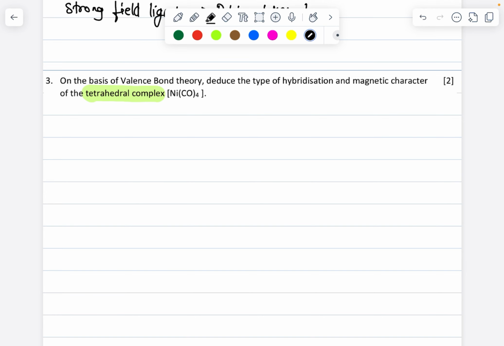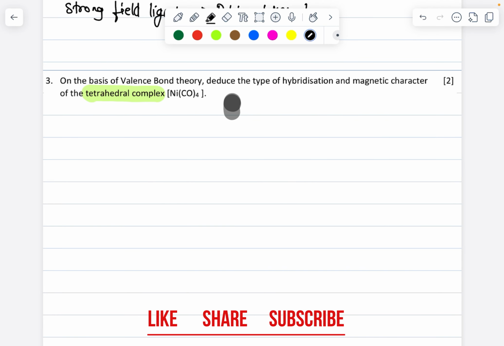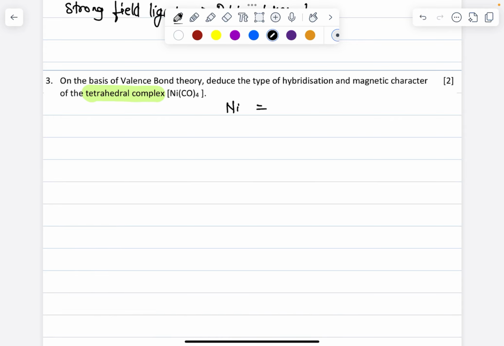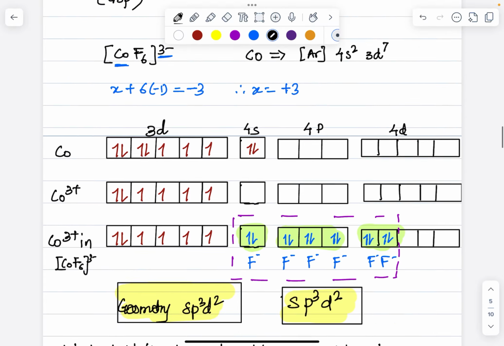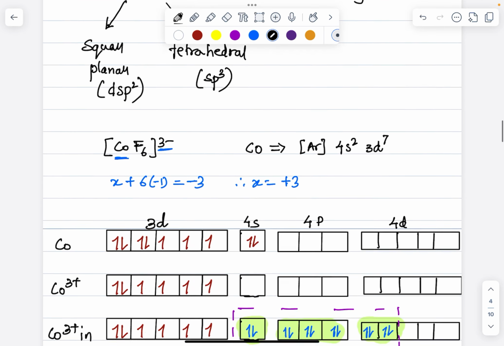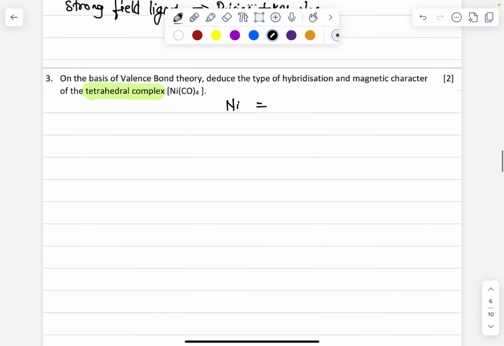So nickel carbonyl is the compound. We'll first write the electronic configuration of the nickel. The previous one was cobalt.